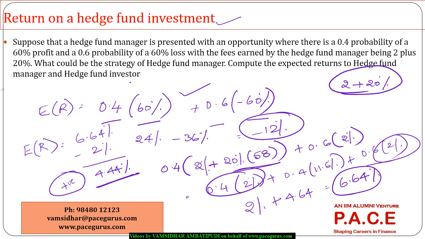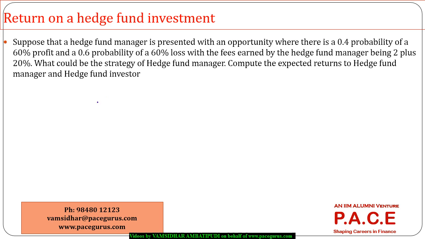But look at it from the hedge fund investor's perspective. What is the return that he is getting? Let's assume there is a 40% chance that the 60% profit came up. Out of that 60% profit, he has already paid 2% for the fund management, and along with that he has already paid the incentive, which is to the extent of 11.6%.